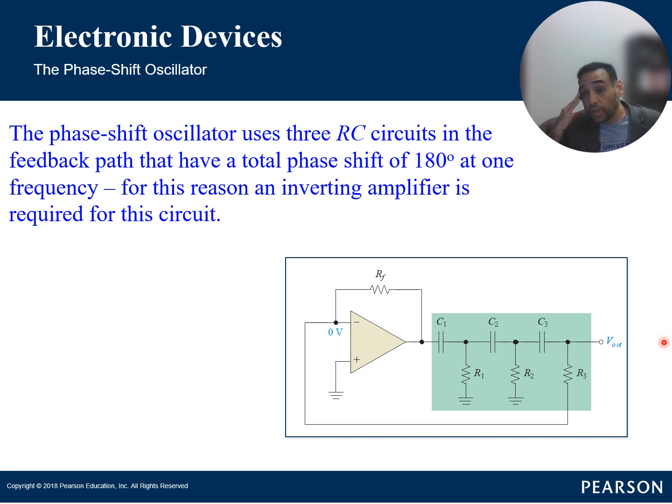But we use an operational amplifier, and we need that because we need to compensate for signal losses that are inherent in the feedback network. We're always going to have losses, and that gain is necessary in the feedback to sustain continuous oscillation. So you need that over and over and over again. I've said that like 20 times already.